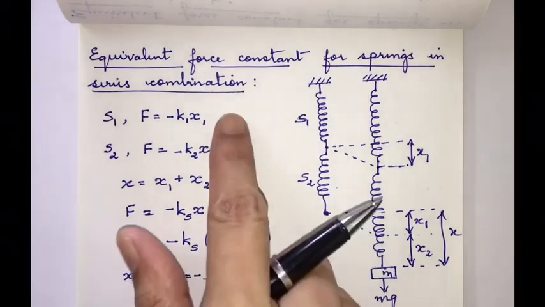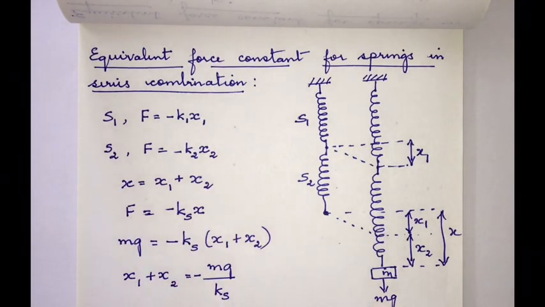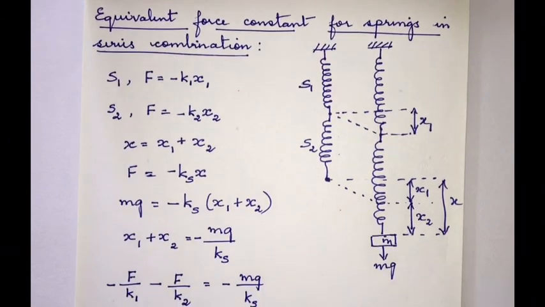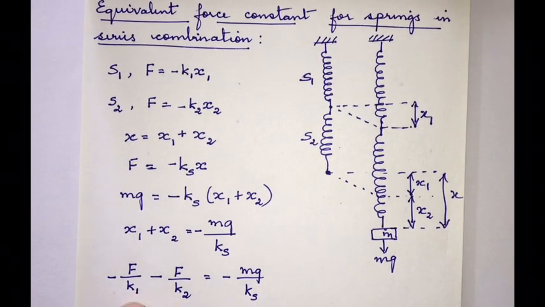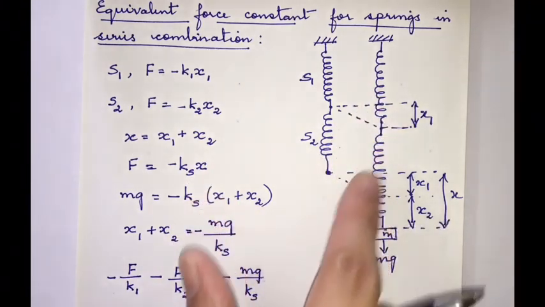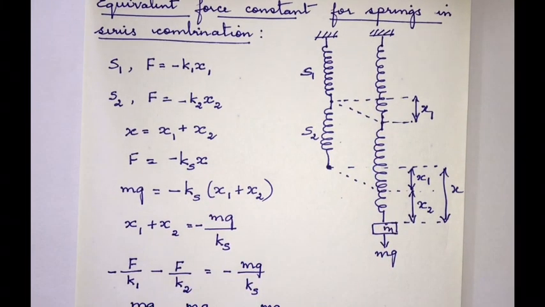Now, from the first two equations, I can write x1 and x2 as minus F by k1 and minus F by k2. So I rewrite this and write the equation as minus F by k1 minus F by k2 is equal to minus mg by Ks. Now, the pull experienced by each of the springs is the same, that is mg due to the mass m.